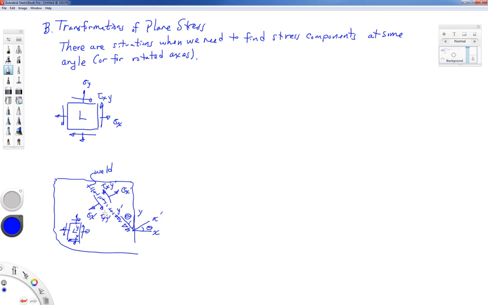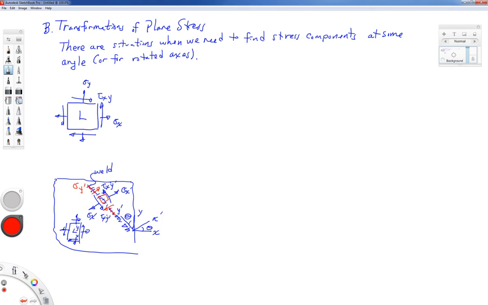And we might be interested in the stresses perpendicular to that as well. I'll put them in red. The set of shearing stresses and the normal stress that goes along the weld line, which I will call sigma y prime.